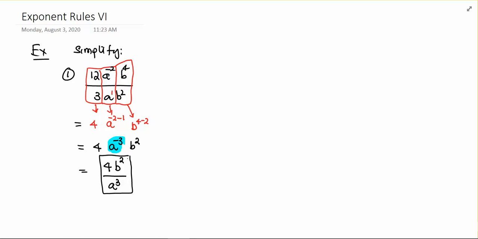Alright, let's take a look at another problem. Example 2. That seemed pretty easy, that particular one. How about if we did this? 3y to the third, times 4y to the negative 4, all to the second. Okay, so again, be careful, order of operations.